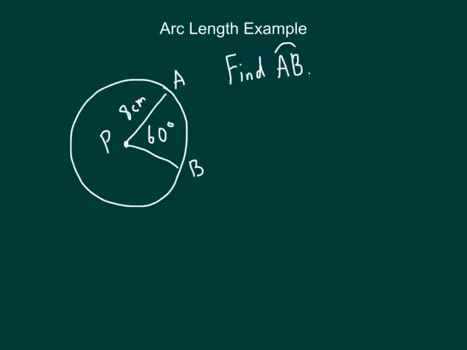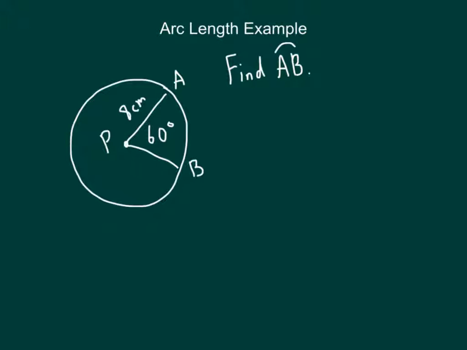So let's look at an example here. We're given a circle with a radius of 8, and we have this minor arc AB that has 60 degrees in it. So what do we do? Well, first let's find out the ratio of the 60 degrees to the whole 360 degrees.